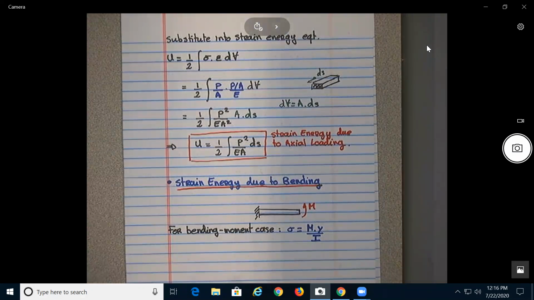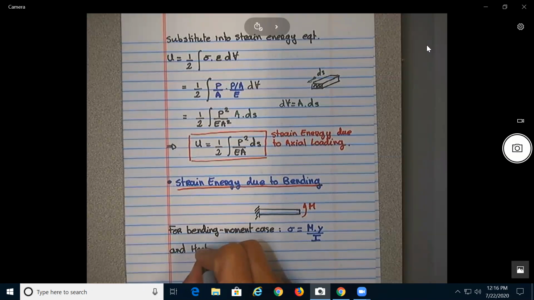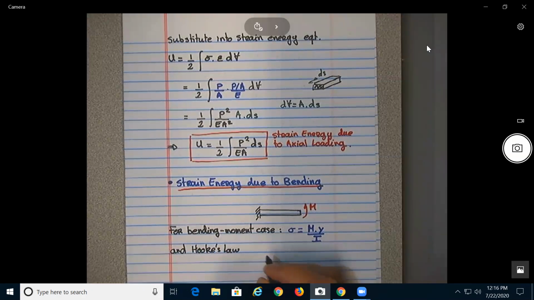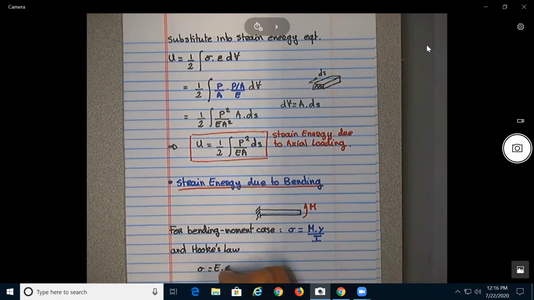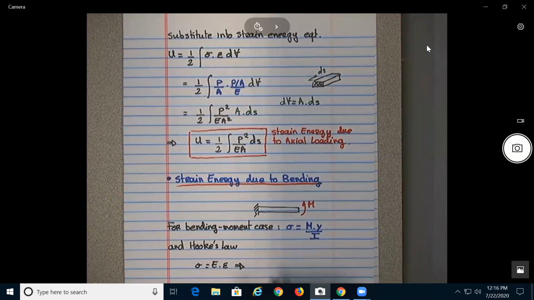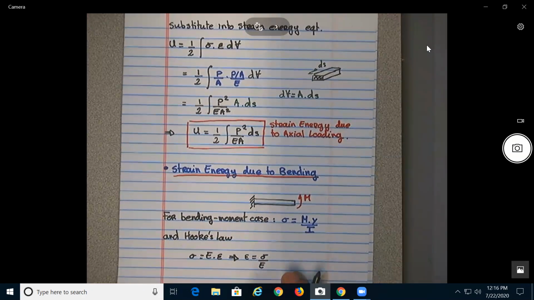Okay, and similarly, I'm just rewriting the same thing and using Hooke's law, which is sigma equal E epsilon. We're going to have that the strain epsilon is equal to stress over Young's modulus.